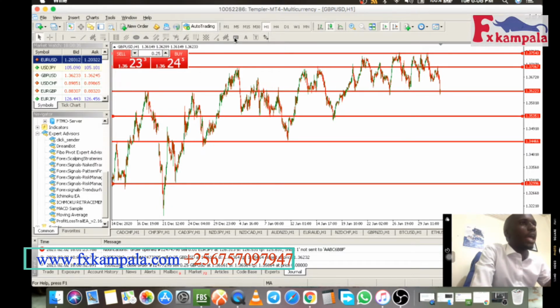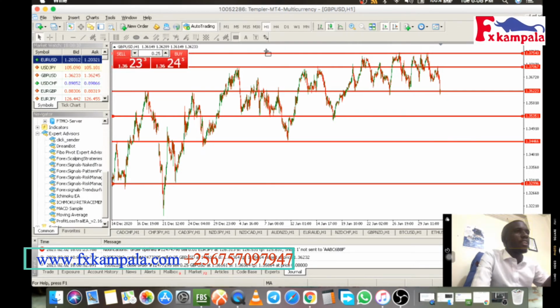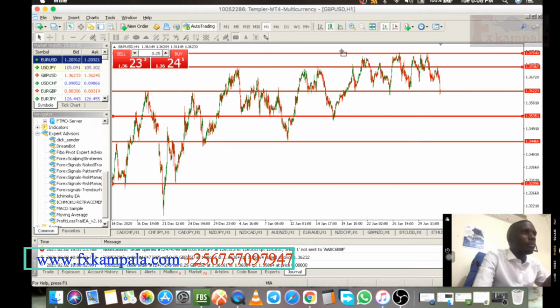So what we do, I pick it here, then draft. I'm going to replace this resistance with this, and when you're drawing it, don't make it so deep, because after all we have minimized our market.